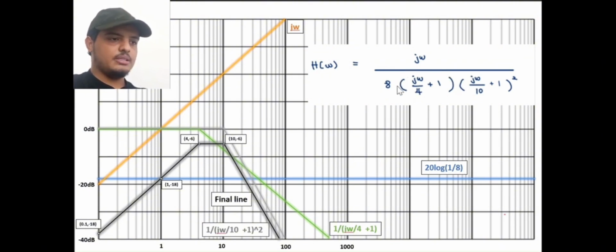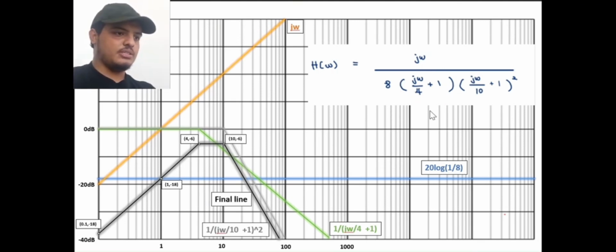Third line is 1 over (jω over 4 plus 1), called a simple pole. How can we draw that? Because it is in the denominator, the line will decrease by negative 20. Here, the 4 is our reference point.